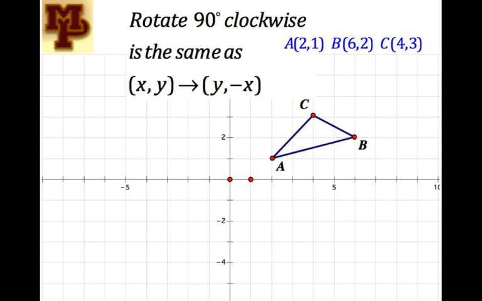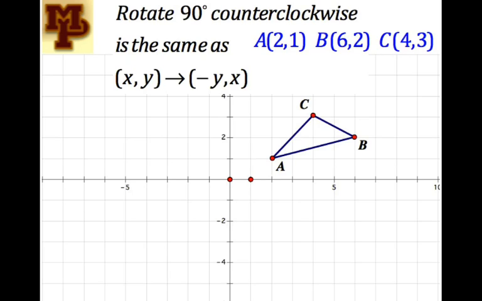Okay, if it is counterclockwise, the x's and y's switch, but instead of this one being negative, it's this one that is the negative one. How are you going to keep that straight? Well, I think you can just sort of think about where your coordinates would be. If you're going this way, then you know that whatever becomes that new x-coordinate needs to be negative, because how else would it be over in this particular quadrant?